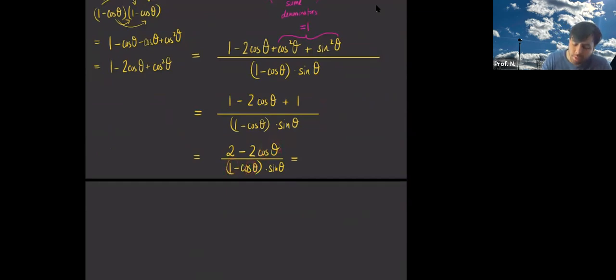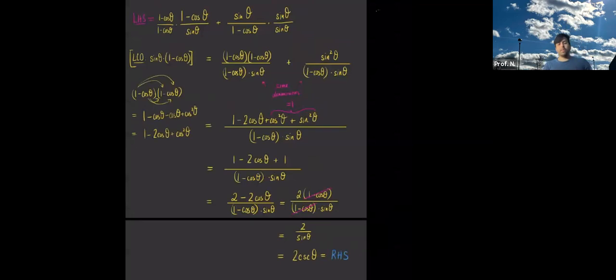So I can factor out the 2 in the numerator, divided by 1 minus cosine theta multiplied by sine theta. 1 minus cosine cancels. And I got 2 over sine theta. And 2 over sine theta can be rewritten as 2 cosecant theta. And this is the right-hand side.